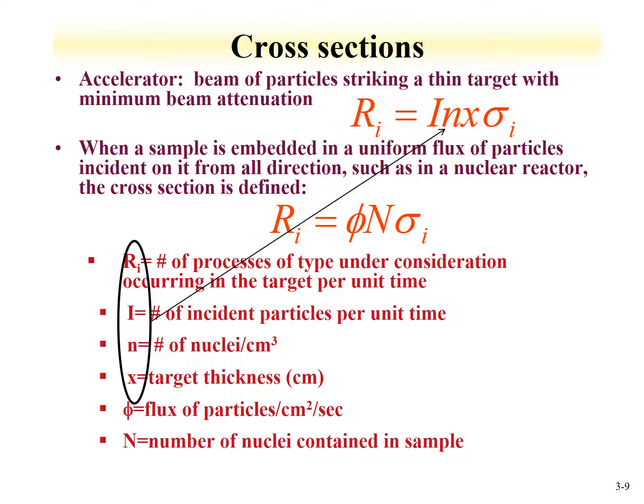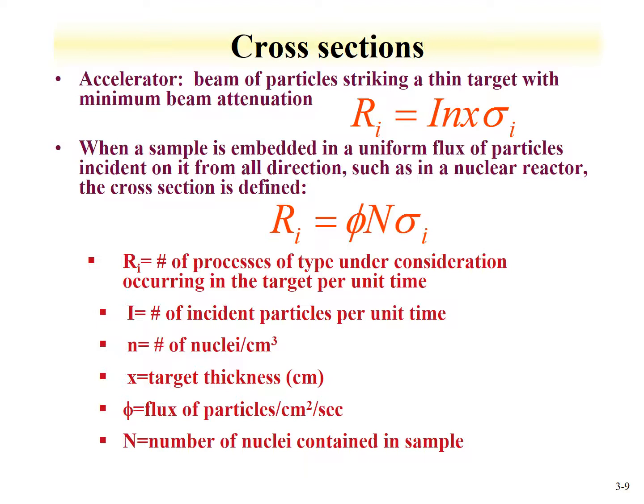So these terms are related to an accelerator. If I give you an incident particle flux per unit time, that's usually a current, so that's particles per second, you can get the formation rate per second of the products from that reaction.